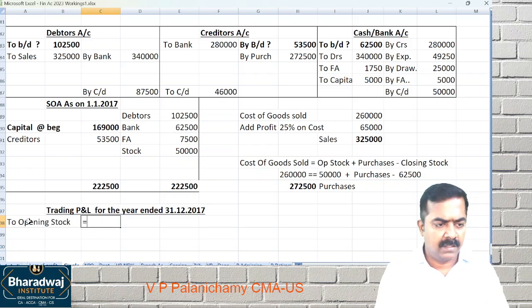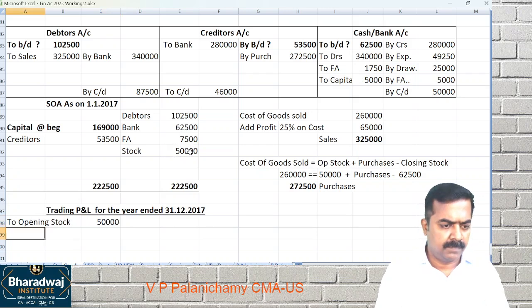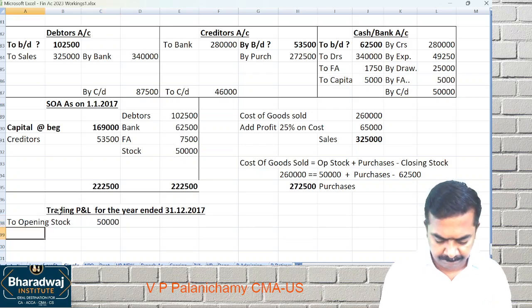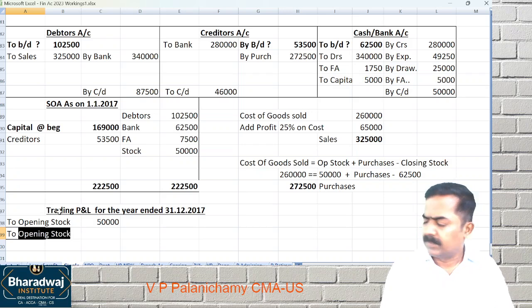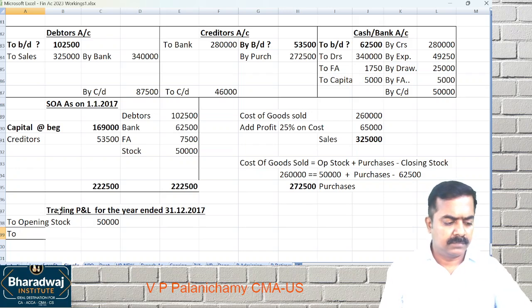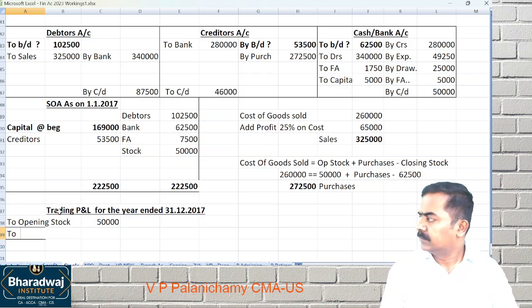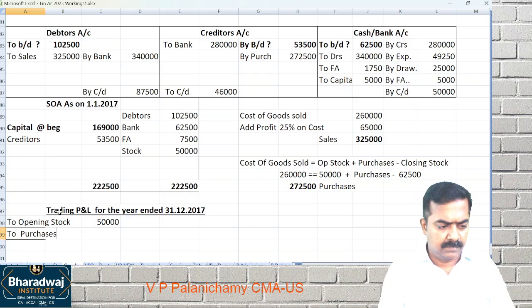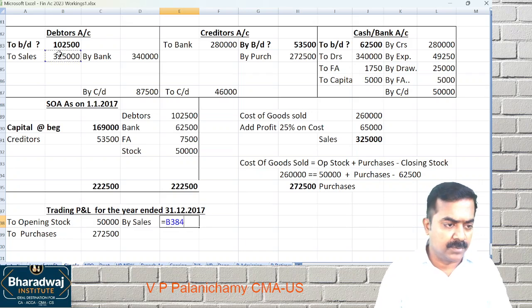Opening stock. Purchases we worked out. What is the purchases? 3,25,000. Stock. What is the closing stock?